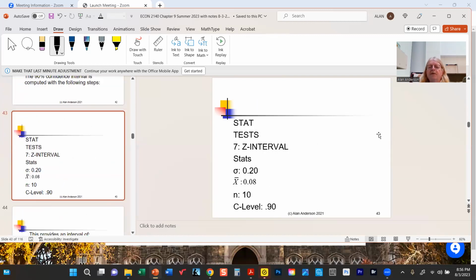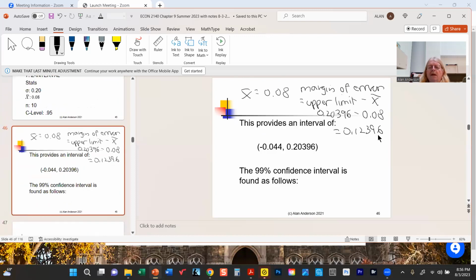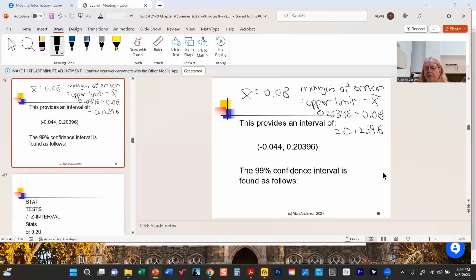So in other words, if you're using the calculator only, and you need to know the margin of error, this is one way you could do it. It's X bar, which is listed on this printout, by the way, and then adding and subtracting the margin of error, so you can reproduce that by taking the upper limit and subtracting X bar.